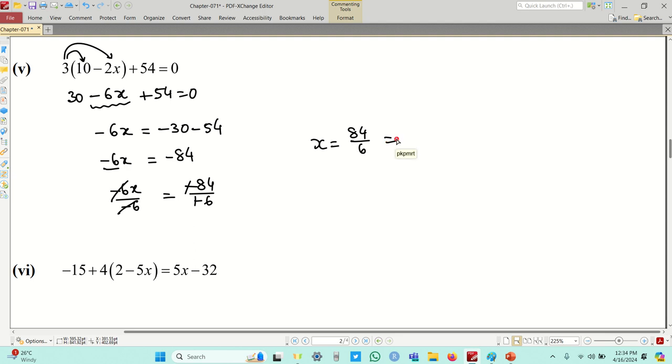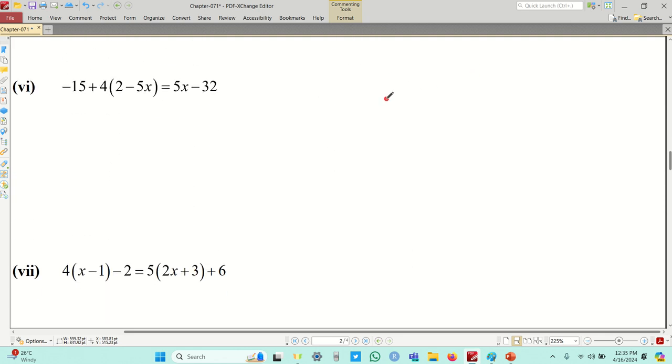Now if you divide this, then what will come? 6 times 1 is 6, and 6 times 4 is 24. So x is equal to 14 is the answer in this question. Okay. Same, you can verify.